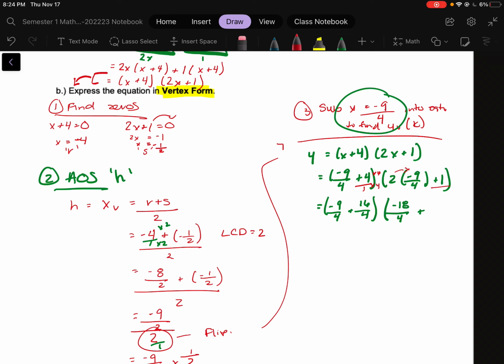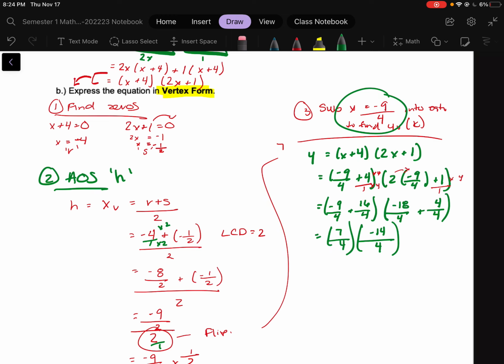And then our 1, same sort of thing. Our 1 is always over 1 as well, and it needs to be over 4. So we're going to multiply our top and bottom by 4, so we'll get 4 over 4. And then we have to add them together. So -9 plus 16 is going to leave us with 7 over 4. Our -18 plus 4 is going to leave us with -14 over 4.